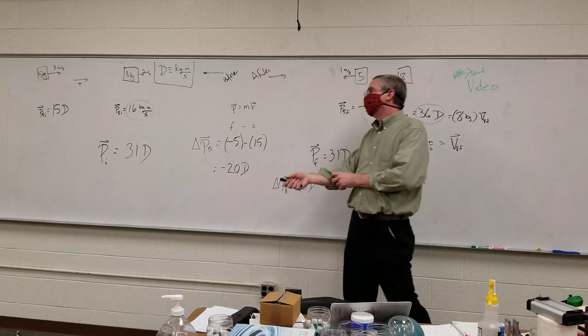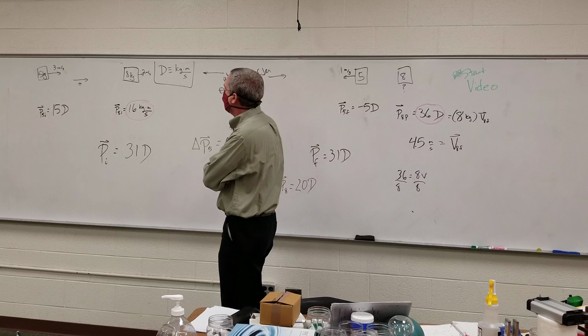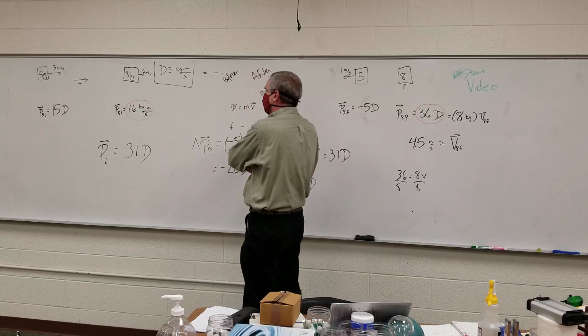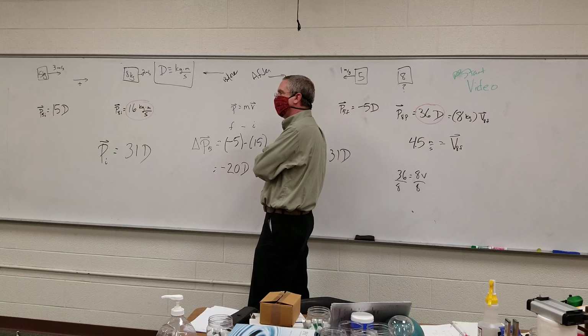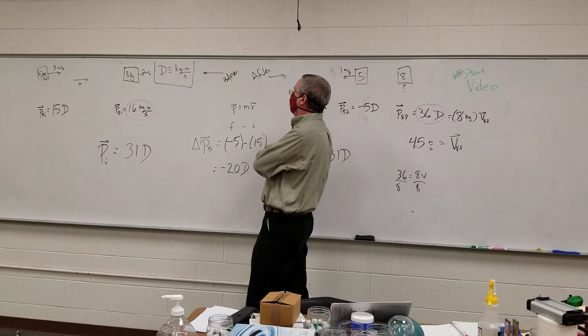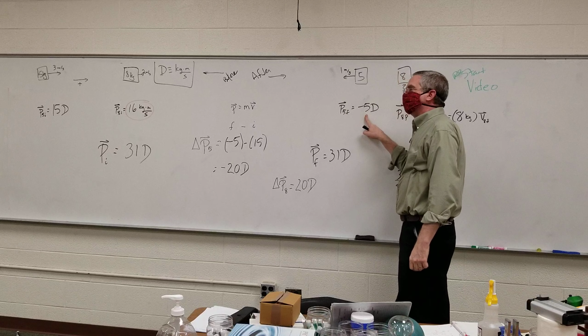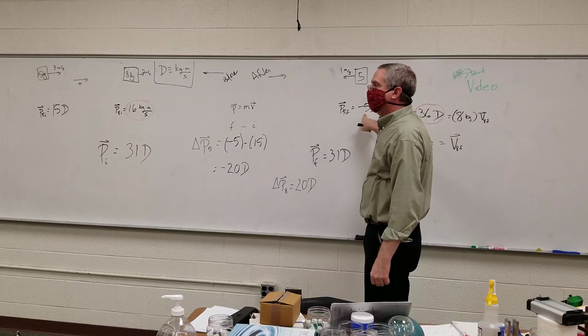The reason I did that is because you had the 5 and the 15 right there for the first one, and you got the 20 out of that. So that's why I did 8 and 16. That 5 comes from over here, not from the mass of the object.